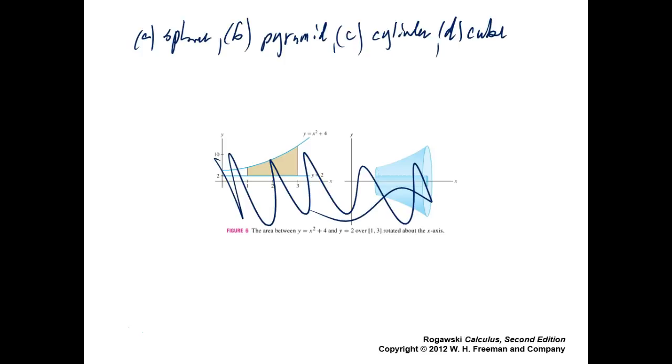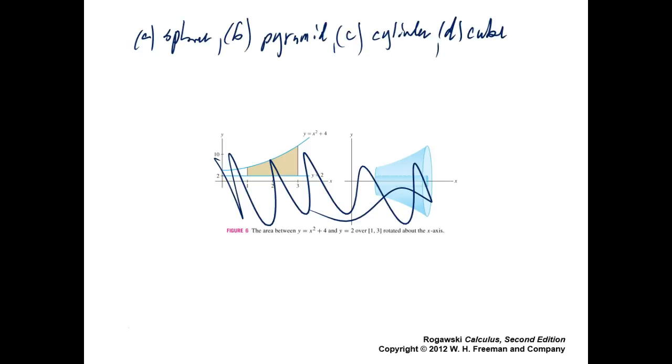Basically, same thing as before, except this is a region between two graphs. Are those discs still? They're washers now, not discs. So that's false. The cross sections are washers.